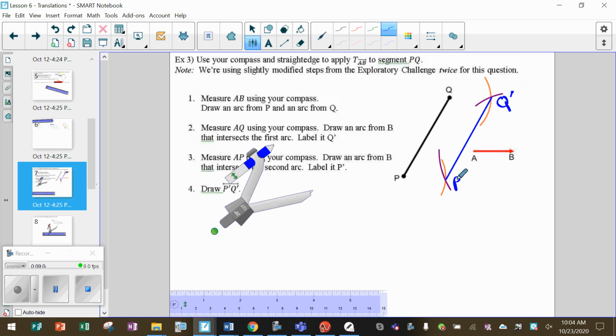So choose wisely, use common sense. If I used a point somewhere up here, that would not look parallel to the original. So that means I would not do that. I would not use that point. Use the one that makes sense in the direction of the arrow. And there's our translated figure. So turn the page, try it again.